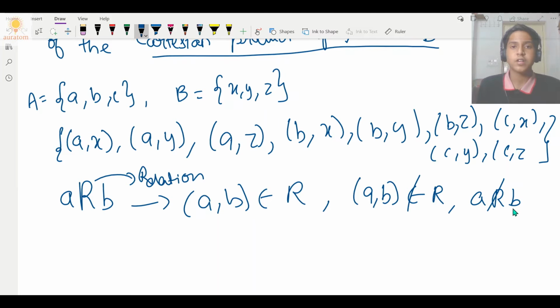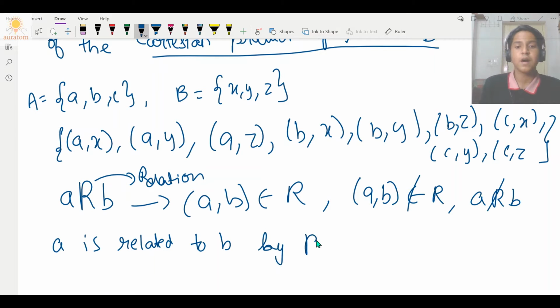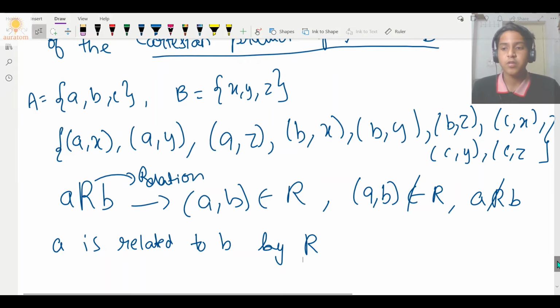So A is not related to B, and when A is related to B, we say that A is related to B by the relation R. Okay, let's move on to an example now.